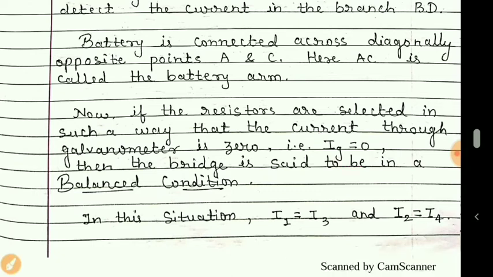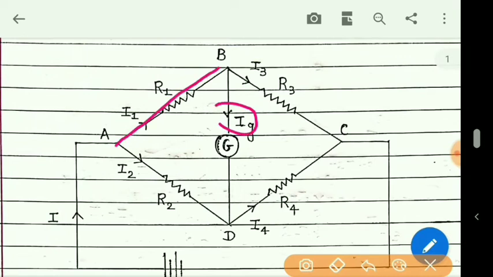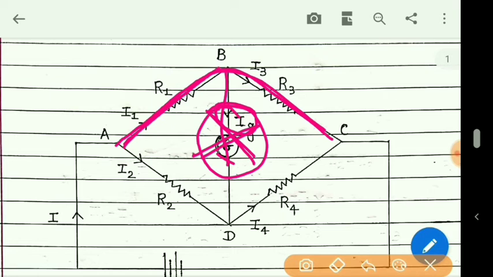Now students, if the current Ig is 0, then what will happen? Look at the figure. This current I1 is moving towards B. But if there is no current moving along this direction, then I1 will move towards this side. If there is no current in this branch, then the same current will be here, because this branch is not connected. If the current is not flowing, we can ignore this branch BD, and if this branch is not there, then the same path is there. You can see from A, B, C, it is the same path.